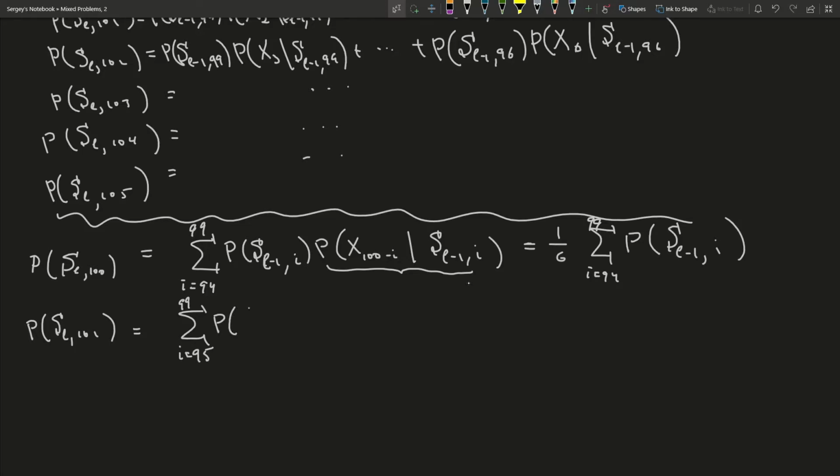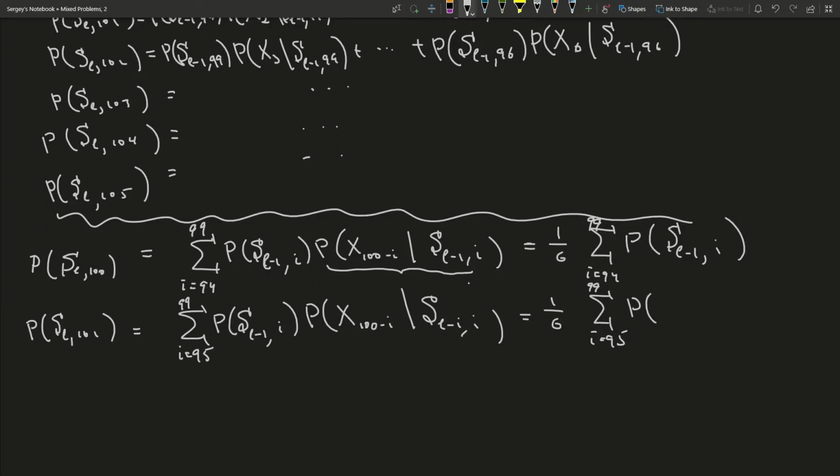The probability that the running total up to that point was i times the probability of rolling 100 minus i, given that the running total up to that point was i. So we see that this is exactly the same computation as above. This is 1/6 times the sum from 95 to 99 of the probability that the running total up to that point is i.